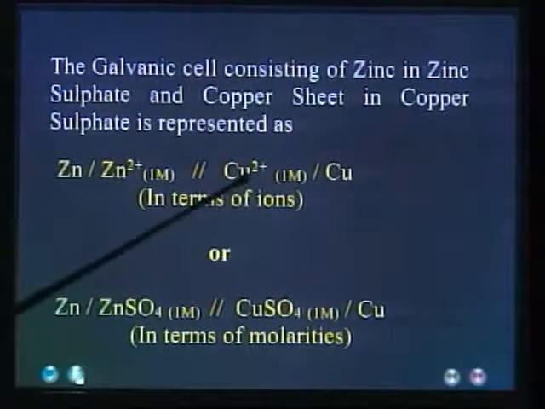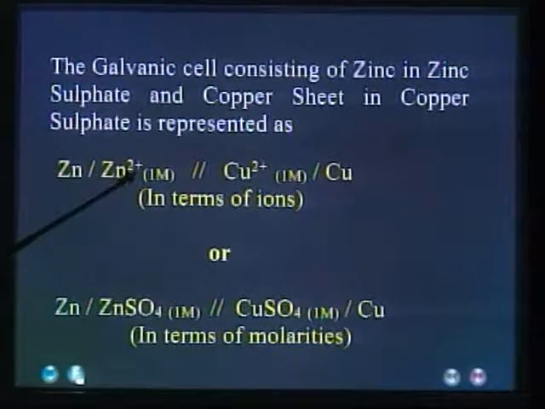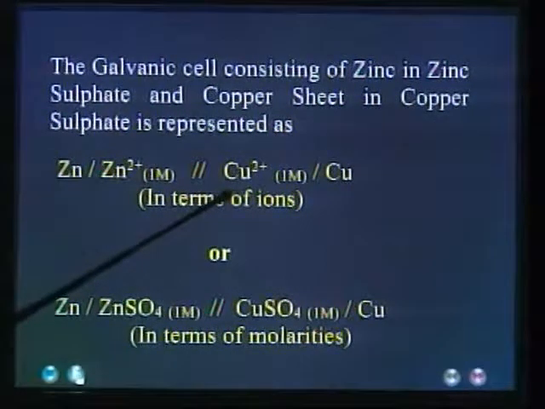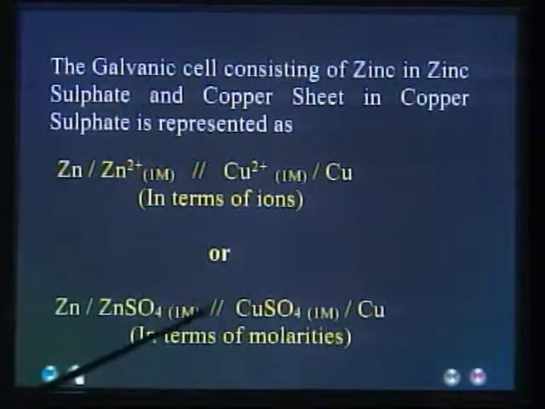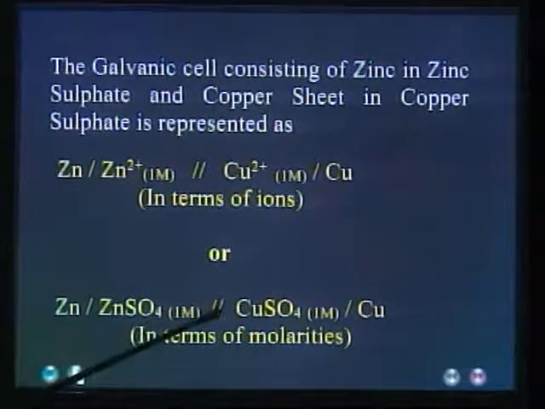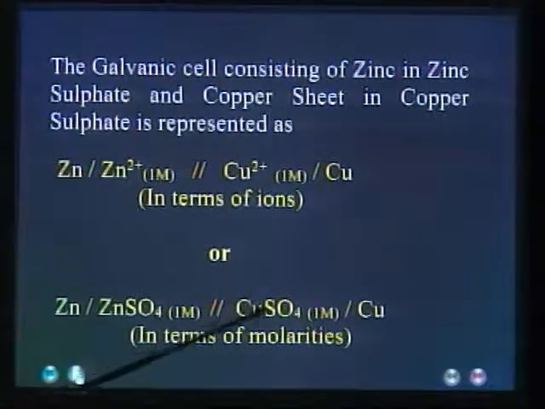The concentrations of the ions present in the solution are also shown beside the ions. We can also represent the cell notation in the form of molecules or molarities as shown here: zinc oblique ZnSO4, double oblique, copper sulfate oblique copper.